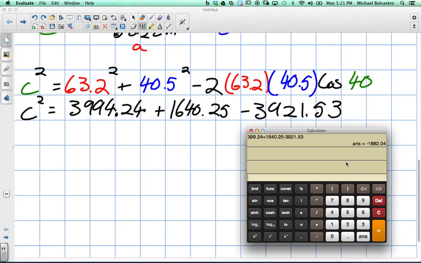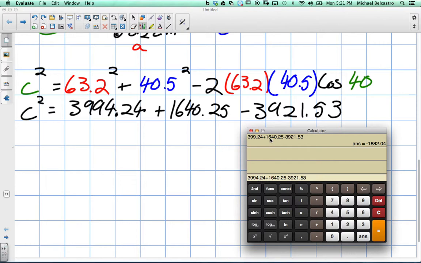Here's our value. There's an error here. Oh, good. So I've made a mistake here. See how it says 399.24? It should be 3994.24. Which is good, because I got a negative number and I knew right away this can't be right. I can't have a negative value for a side length.